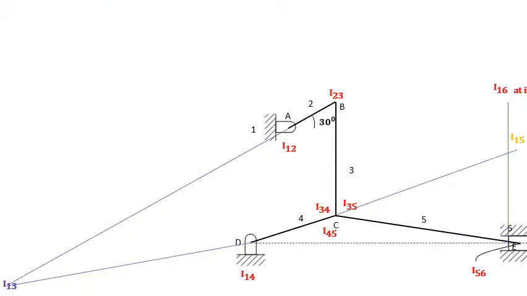Next instantaneous center is I24. I24 is a combination of two sets of instantaneous centers: I23, I34, and I12, I14. This is the line I23, I34.